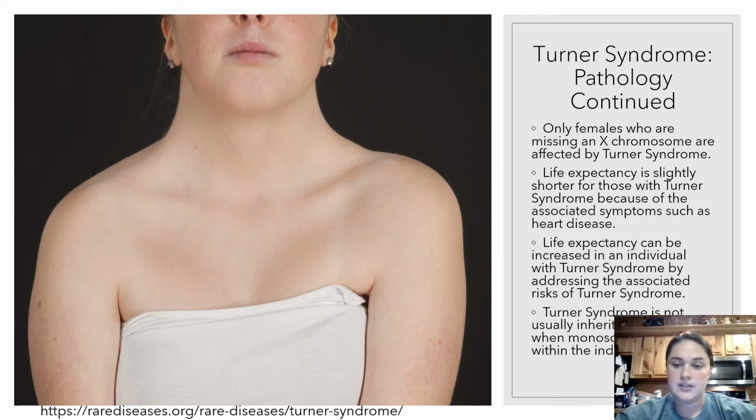The life expectancy can be increased by addressing the associated risks of Turner syndrome, such as the heart disease or hypertension or obesity. Turner syndrome is not usually inherited, but is only really present when the monosomy X occurs within the individual.